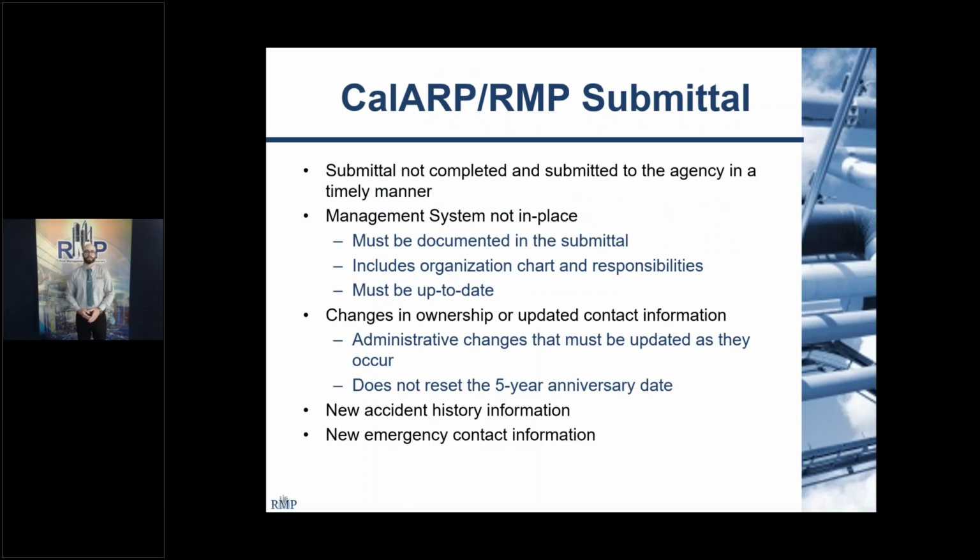For the CalARP RMP submittal, the common deficiency that occurs especially is that the submittal is not completed and submitted to the agency in a timely manner. This results in fines for facilities and can be avoided if it's being kept track of. So you always want to know when your anniversary date is for your CalARP submittal and stay on top of it to prevent fines for going over the deadline.